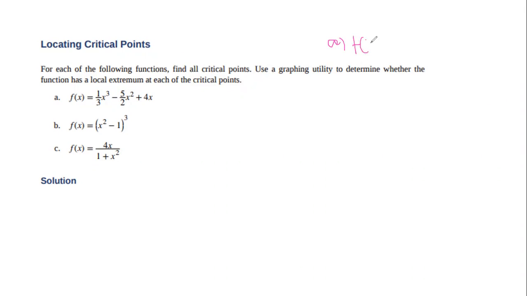f of x equals 1 upon 3 x cube minus 5 upon 2 x square plus 4x.